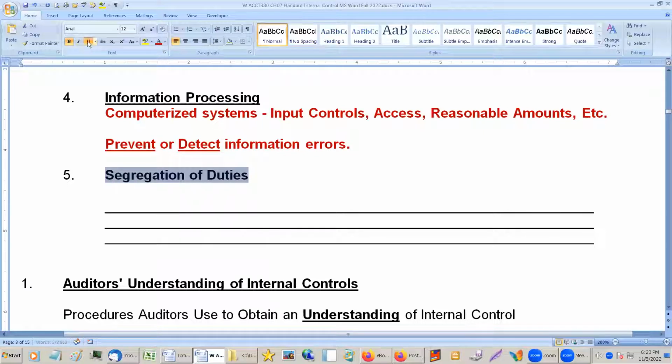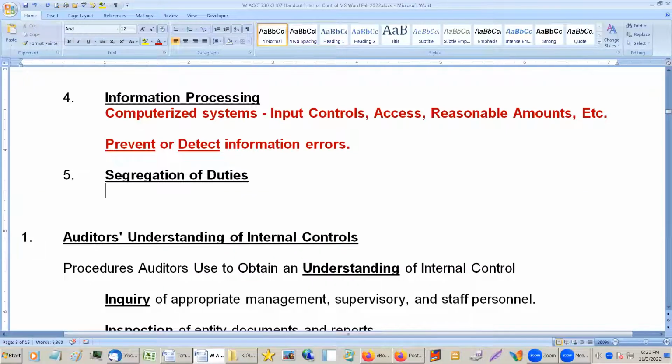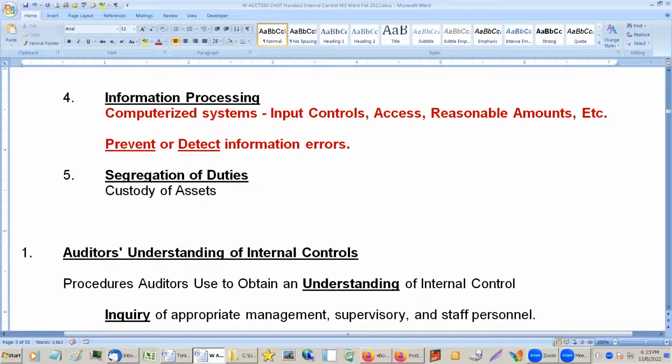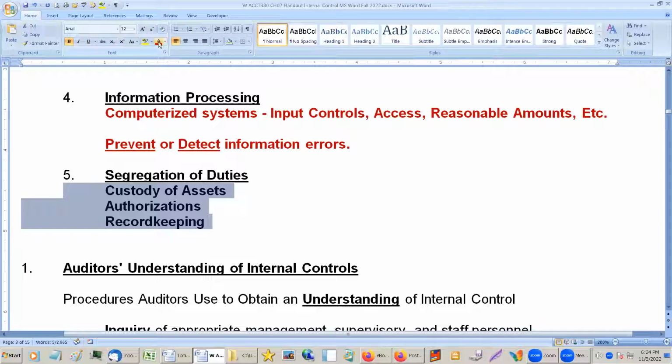Segregation of duties, we talked about it a lot, but we'll do it again because it actually is probably one of the most important ones, and that is risky assets. And remember it by car.